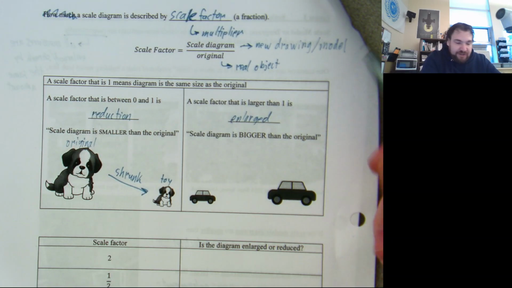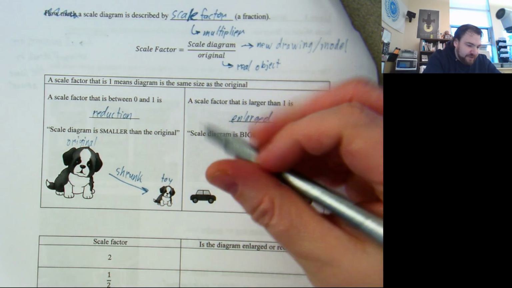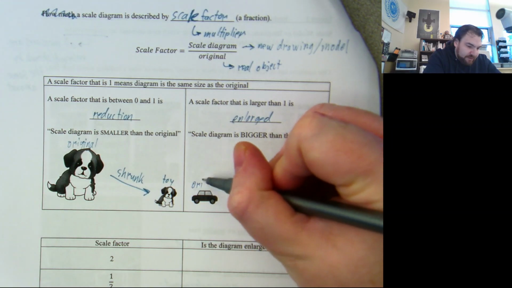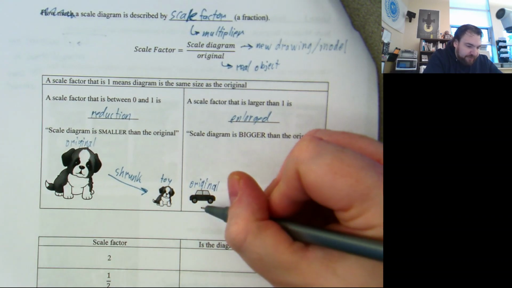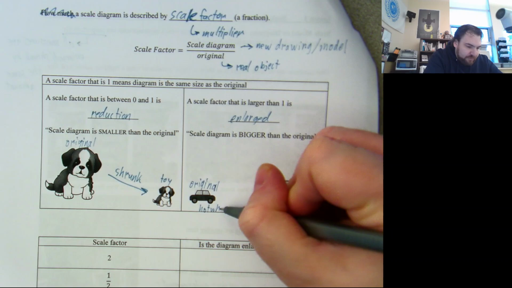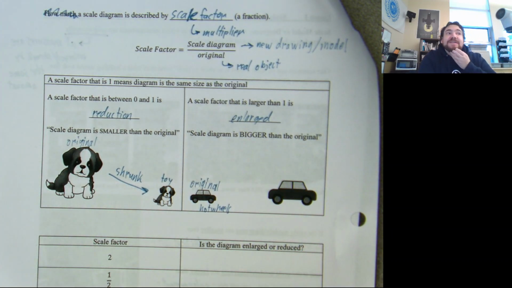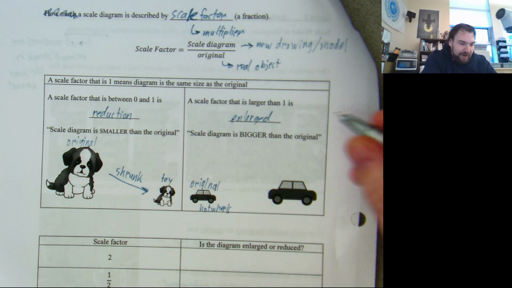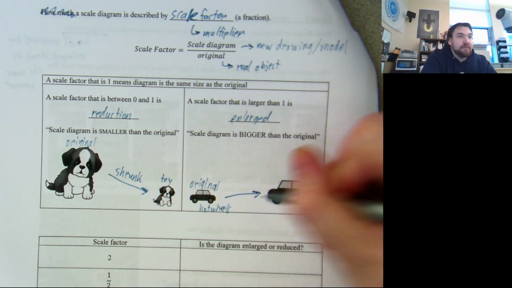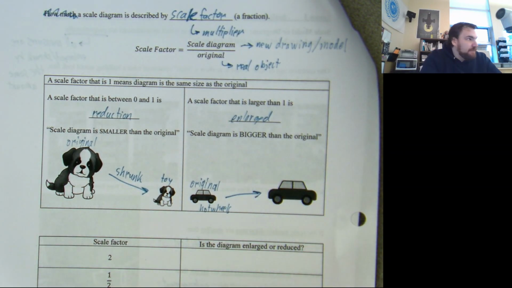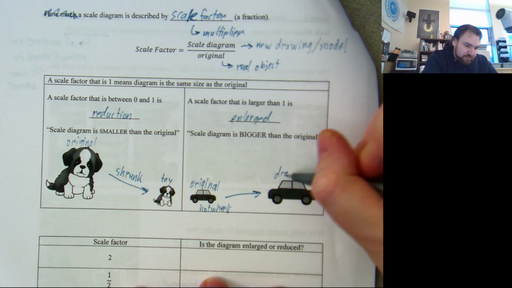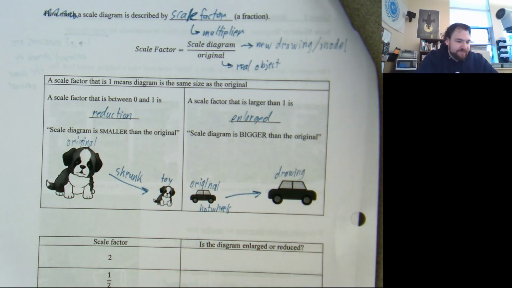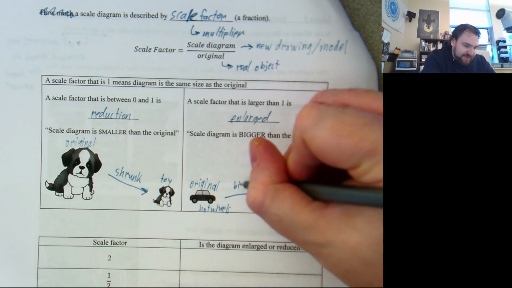So maybe your original is, I don't know, Hot Wheels. You've got your little toy die-cast metal car, and you blow it up. Not literally, but you make it bigger.